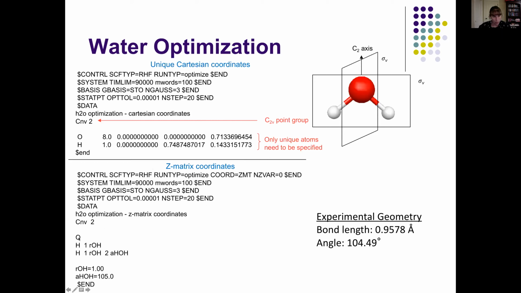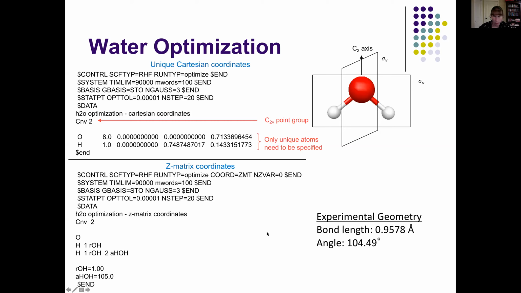We've got atom 1 is oxygen, atom 2 is hydrogen. Hydrogen is connected to atom 1 with a distance of ROH. Atom 3 is connected to atom 1 with a distance of ROH. And there's a 3, 1, 2 angle, which is our angle HOH. And then at the bottom, we've got the ROH defined and the angle HOH defined.